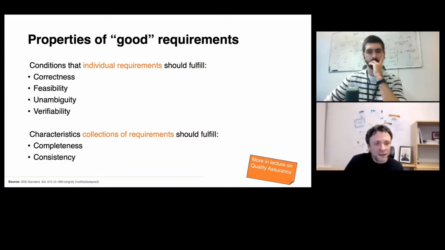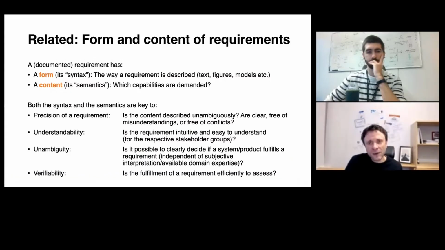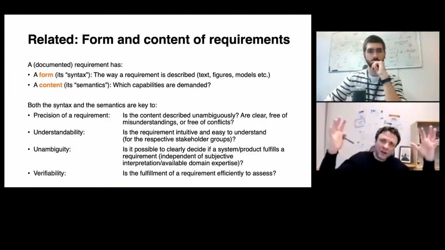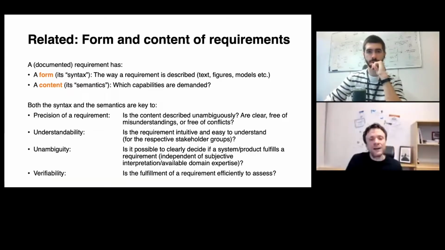Now, one thing that is related to these quality properties is that a requirement always has a form and a content. So we distinguish form and content. The form is the syntax of a requirement. It describes the way this requirement is specified. We can do this with natural language, typically structured in large tables, like spreadsheets.